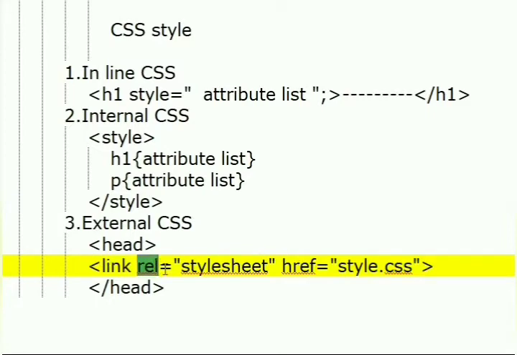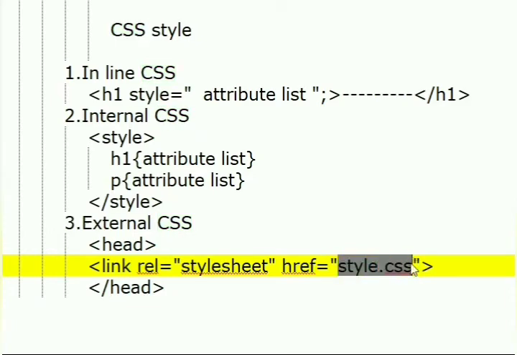First one is rel, and for this the value should be stylesheet. Then href: whichever CSS style you want to add, the CSS style file name has to be added here. Always a CSS style file has to be saved with the .css extension.